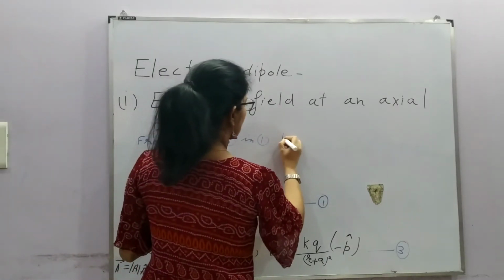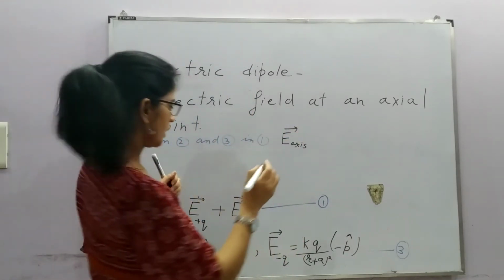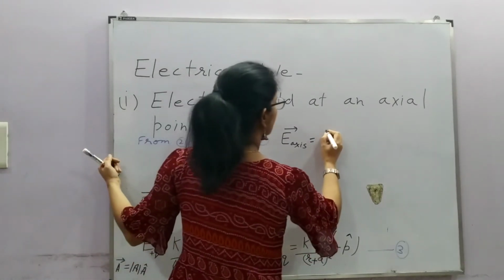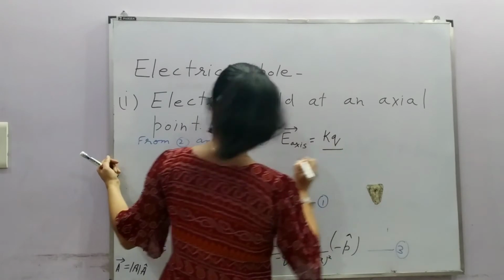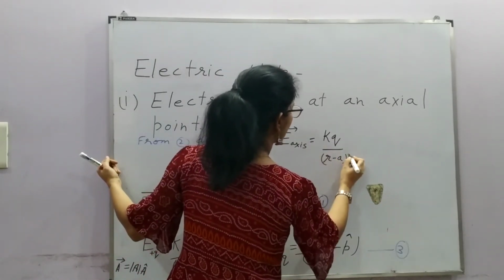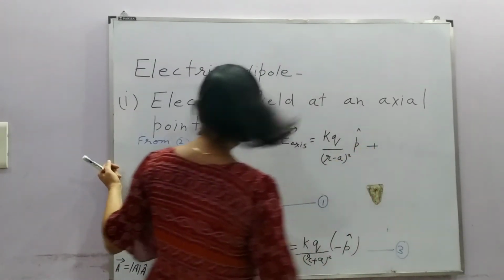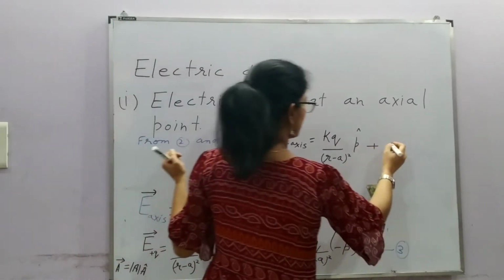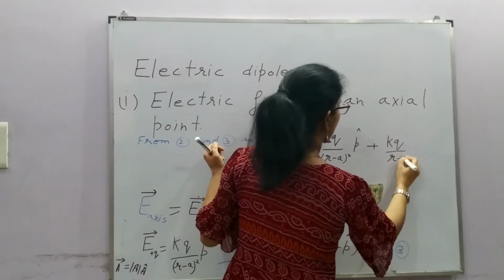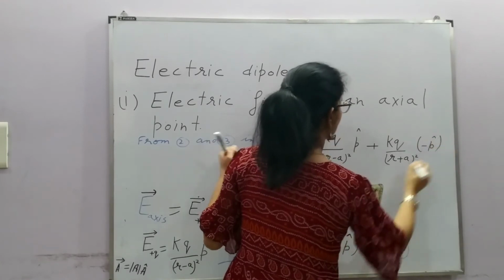The expression will be E axis is equal to, let's put the value of E due to plus Q. This will be K Q upon R minus A whole square P cap, plus, what will be the value of E minus Q? This will be K Q upon R plus A whole square into minus P cap.